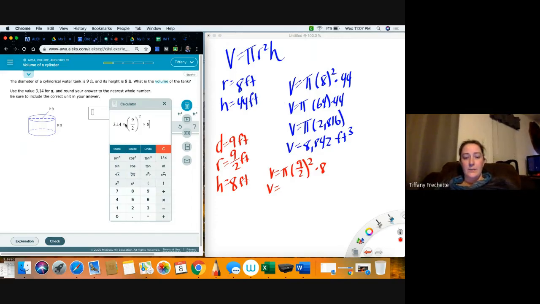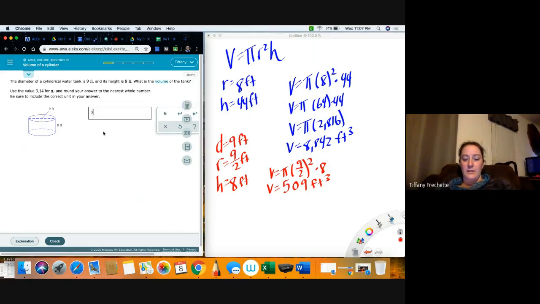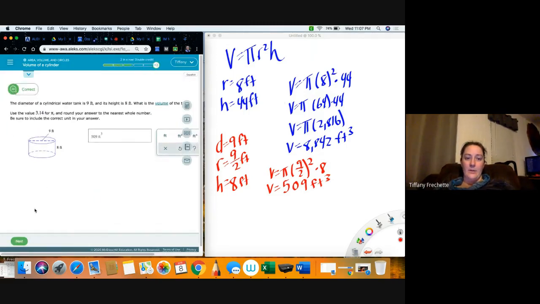So as long as we type it in here correctly and we hit equals, this is the end answer. We don't necessarily need to work it out one little piece at a time. So we have 508.6. 6 is bigger than 5, so I know that means that this is going to round up to 9. And again, I'm going to have feet cubed. All right, let's close this. And we have 509 feet cubed. Check. And there we go. All right, one more.